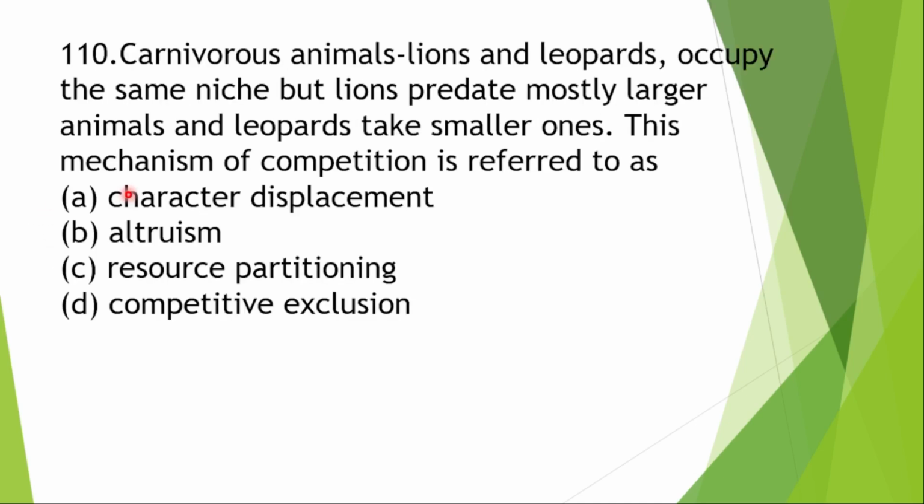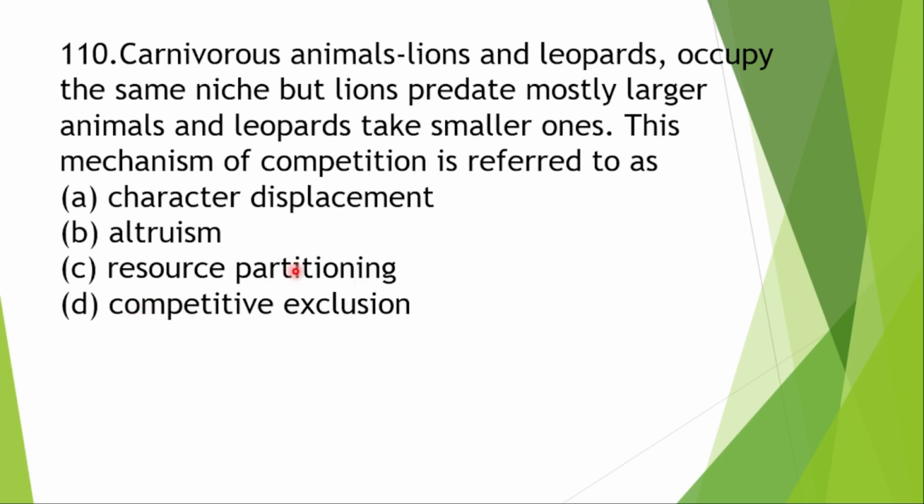Next question, 110. Carnivorous animals, that is lions, leopards, occupy the same niche, but the lions predate mostly large animals and leopard take small ones. This mechanism of competition refers to character displacement, altruism, resource partitioning, and competition exclusion.